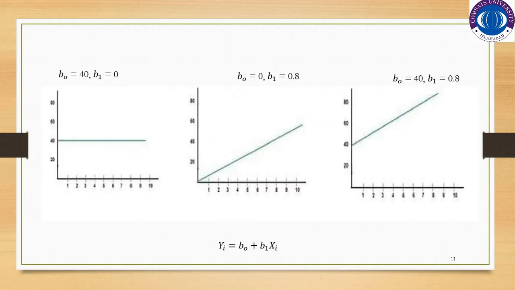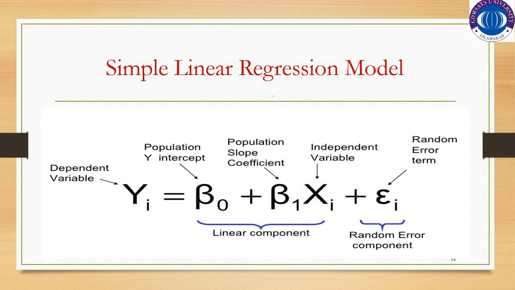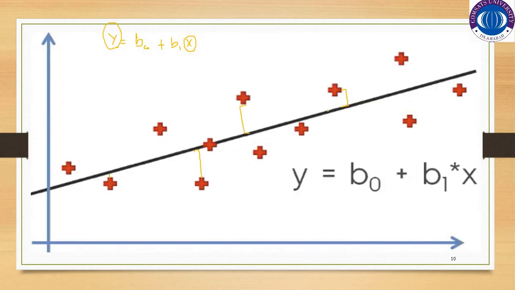So what we will do, we will use the simple linear regression model in this way, that we introduce this term epsilon, which we call the random error component. And this random error component is basically capturing the other factors which are affecting the determination of the variable y, and this x is not enough to determine all the variation in y.